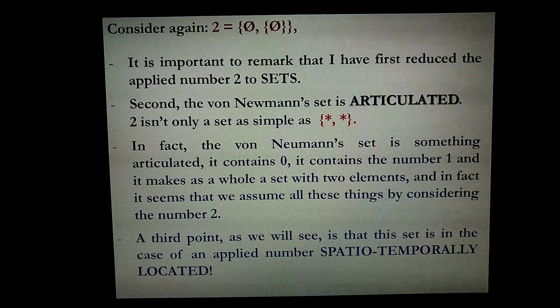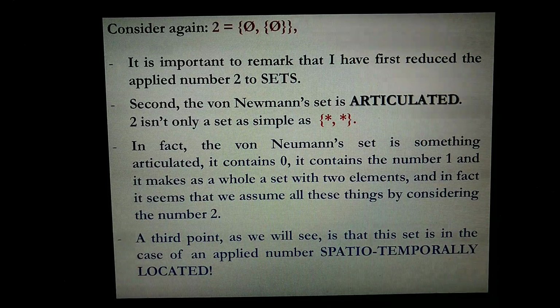Second, the von Neumann set is articulated. 2 isn't only a set as simple as these 2 asterisks. In fact, the von Neumann set is something articulated. It contains 0, it contains the number 1, and it makes as a whole a set with 2 elements. And in fact, it seems that we assume all these things by considering the number 2.